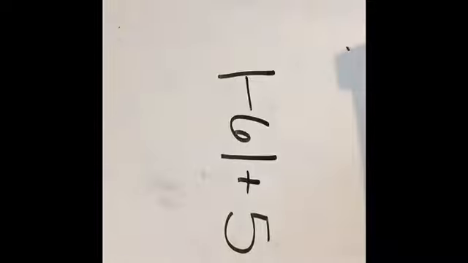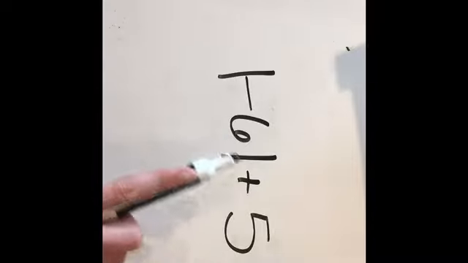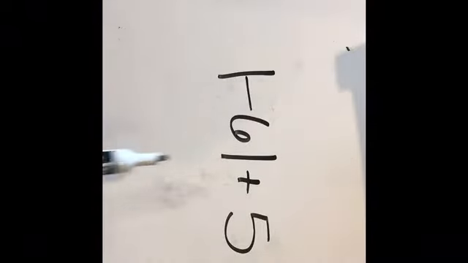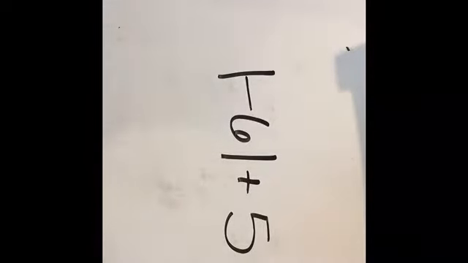A few problems where we mix absolute value in with other operations. Now, I will let you know, in order of operations, absolute value bars are treated like grouping symbols or parentheses, right? So that's what we deal with first. So looking here, we have the absolute value of -6 plus 5. So we're going to deal with these absolute value bars and then deal with the addition, following order of operations.